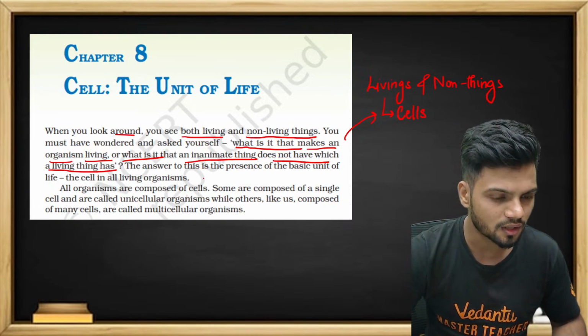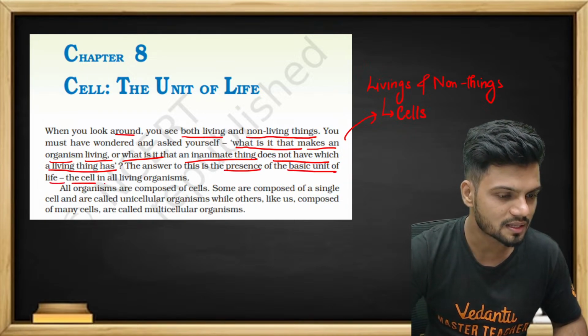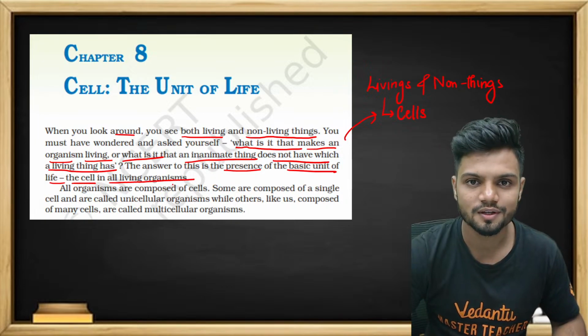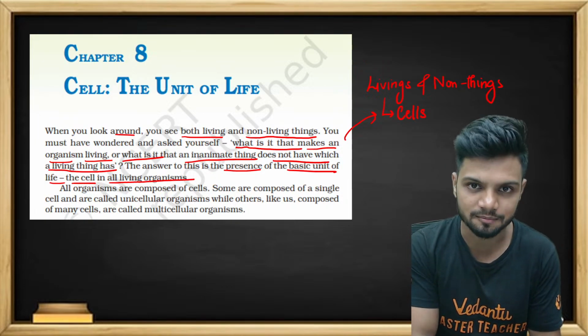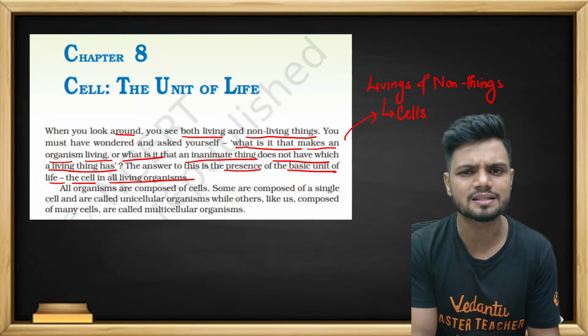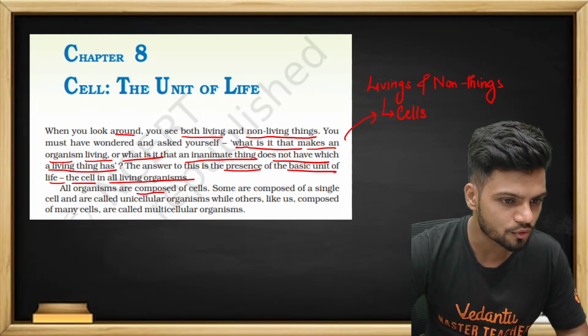The answer to this is the presence of the basic unit of life, that is the cell, in all living organisms. So if something is living, it should be made up of cells, a single cell or multiple cells. All organisms are composed of cells.